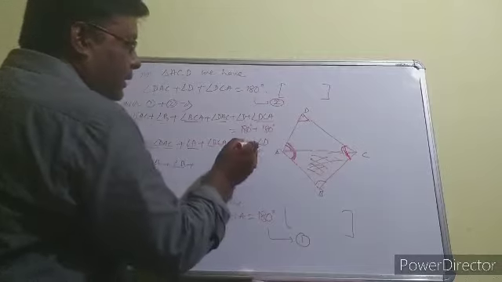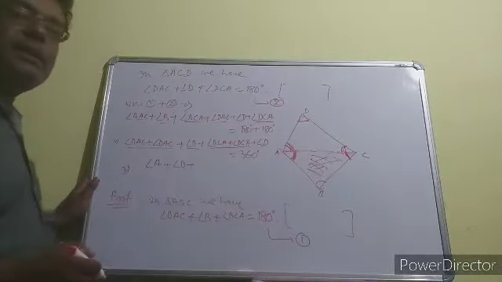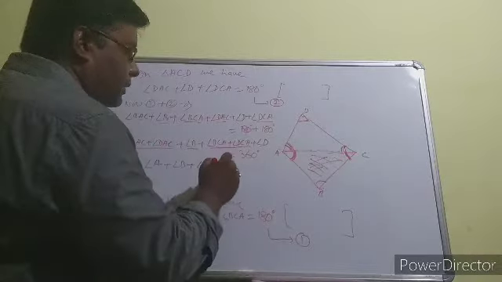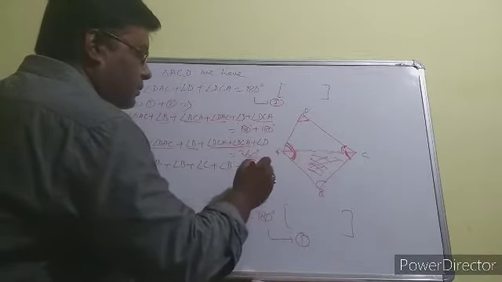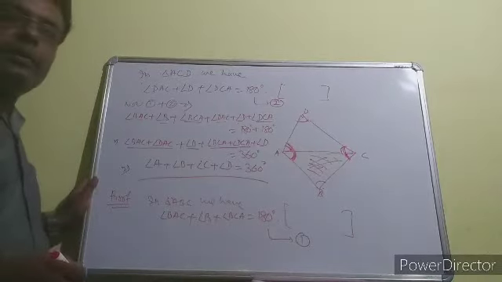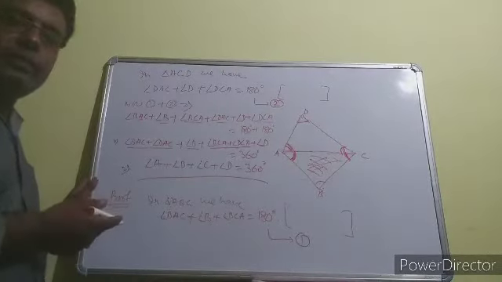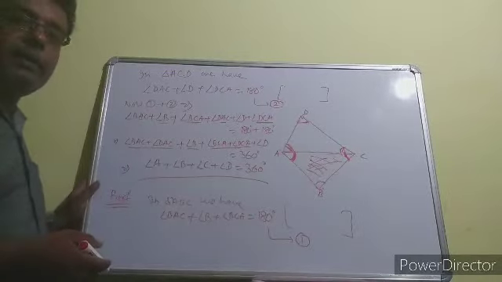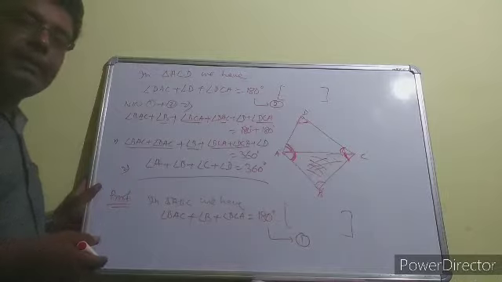That is, if we add this BCA and DCA, we get angle C plus angle D is equal to 360 degree. So which is the required proof. So this is an important proof as the angle sum property of a triangle. So practice it.